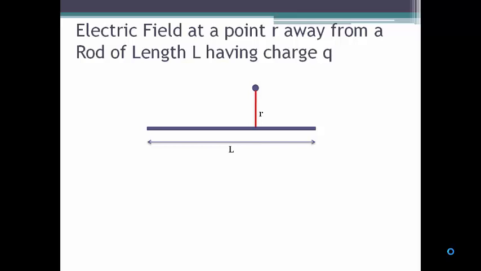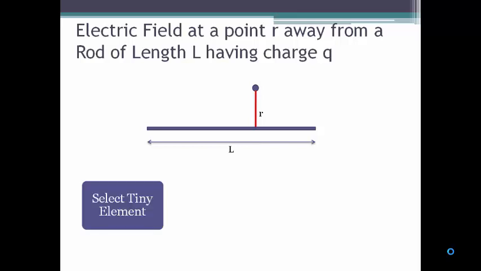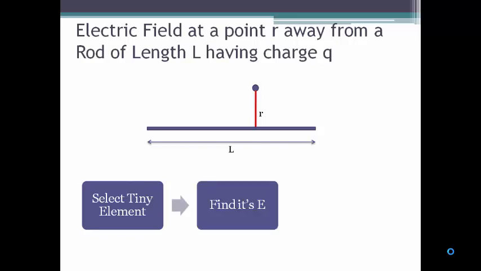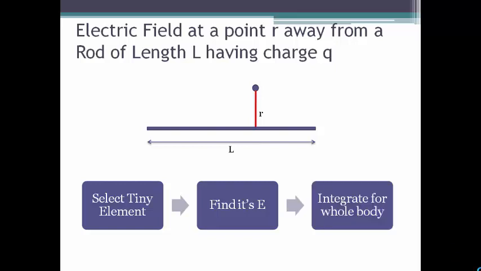Now, as we have seen previously, to find the electric field for a continuous charge distribution, we follow three simple steps. First, we select a tiny element, then we find its electric field, and the final step is to integrate for the whole body. The limits for integration will vary from case to case.